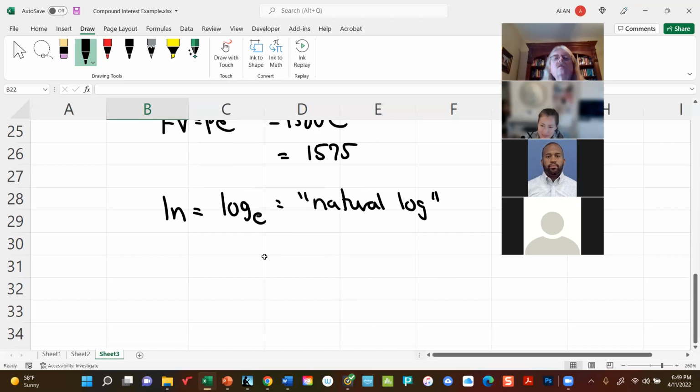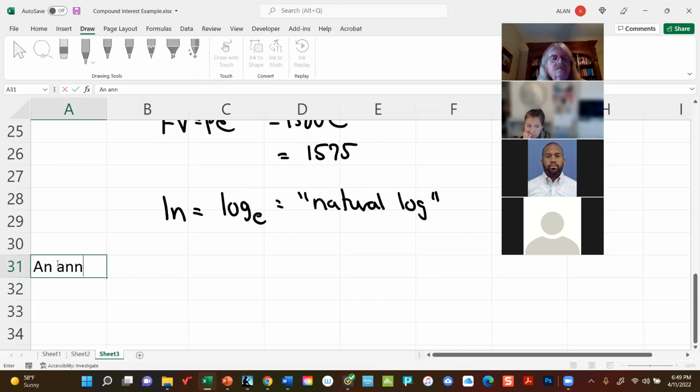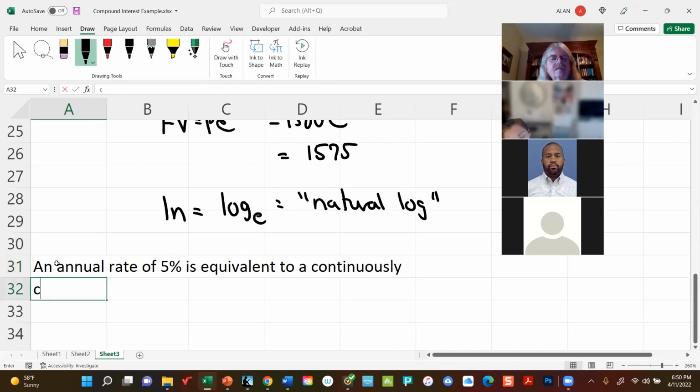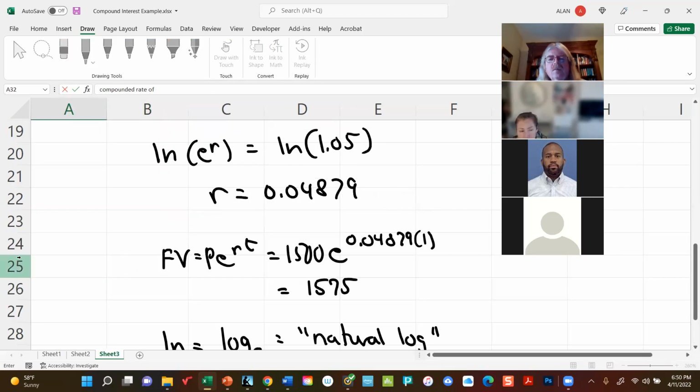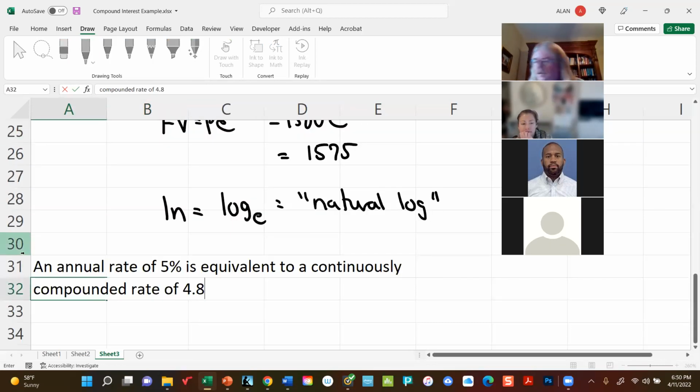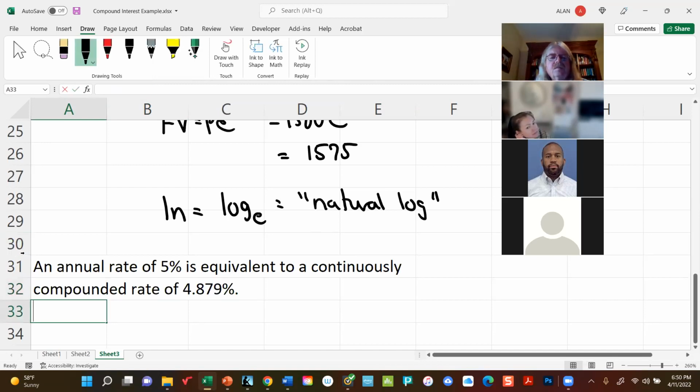So anyway, what have we just demonstrated here? An annual rate of 5% is equivalent to a continuously compounded rate of 4.879%, because both provide us with the same future value of a sum.